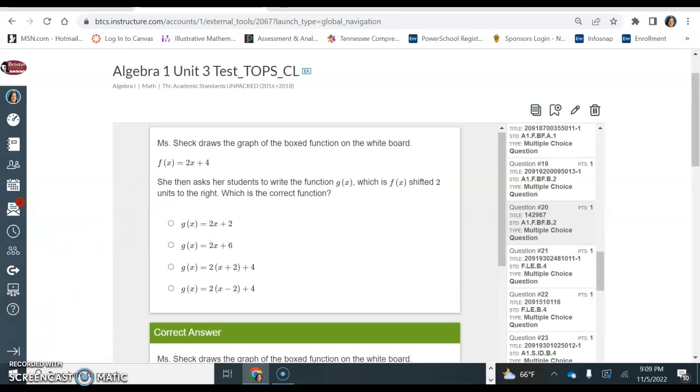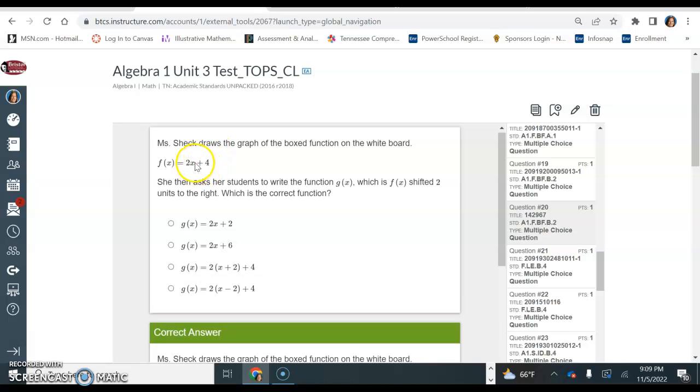All right, the next question says, Ms. Schreck draws the graph of the box function on the whiteboard. She then asks her students to write the function g of x, which is f of x shifted 2 units to the right. Which is the correct function? Remember, if we shift it up or down, it's this number here.